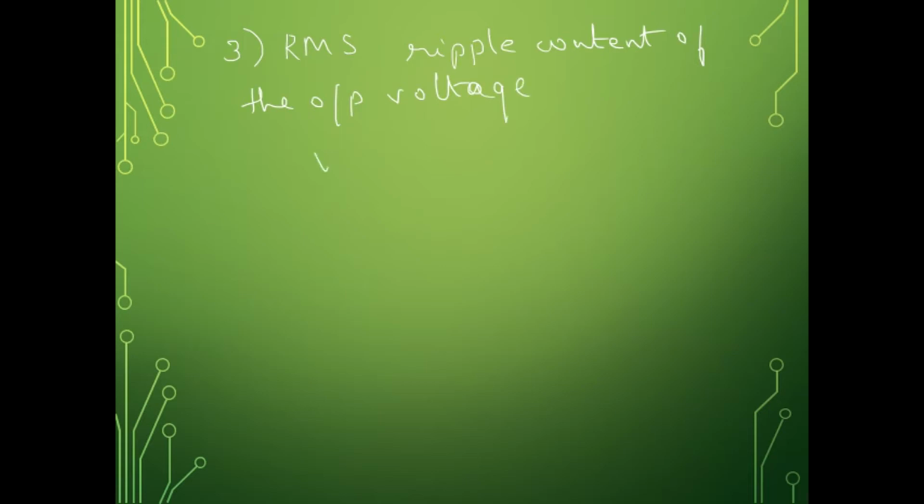The RMS ripple content of the output voltage is given as VR is equal to root of V0 square minus VA square.